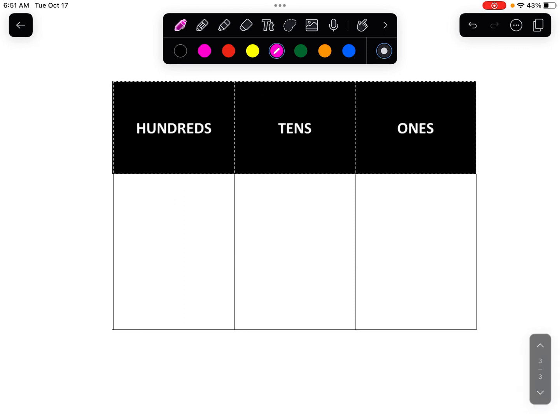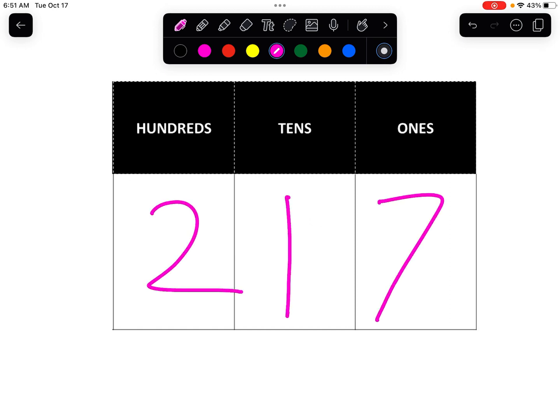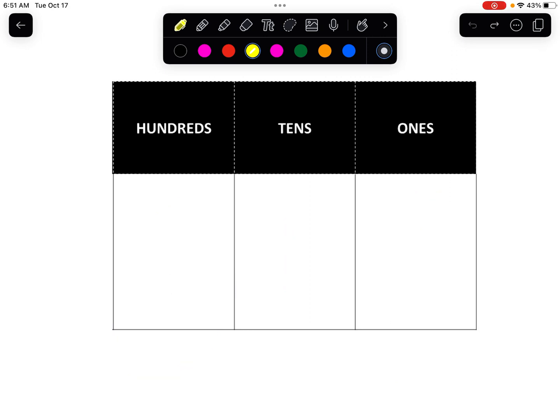Now, we're going to look at this place value. I'm going to write a number. If you thought to yourself 217, you are correct. 217. Okay, let's just do one more, and then I'll see you in class.